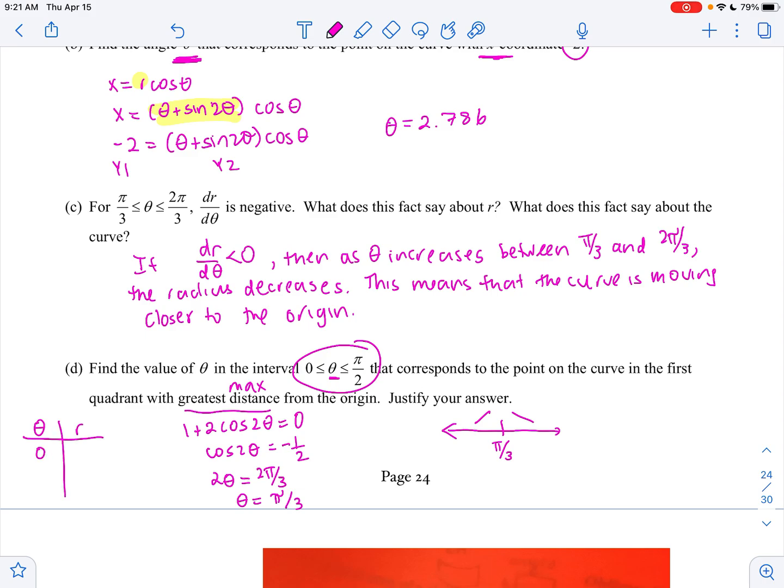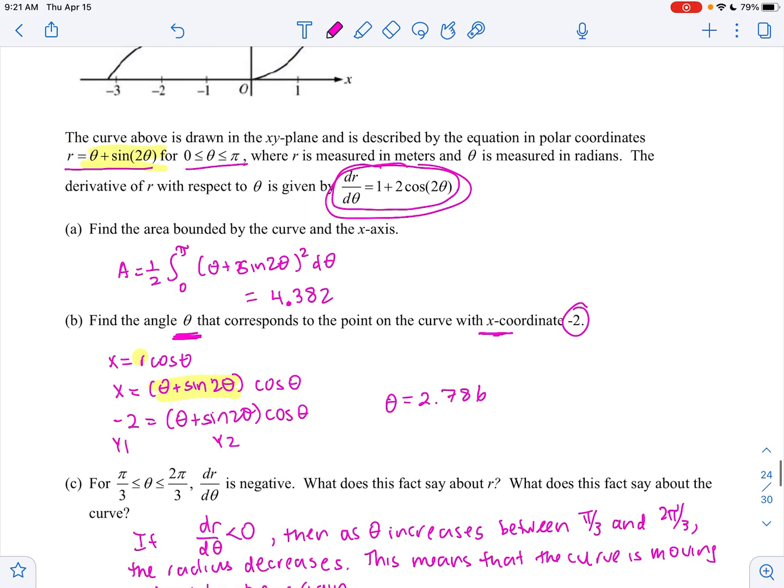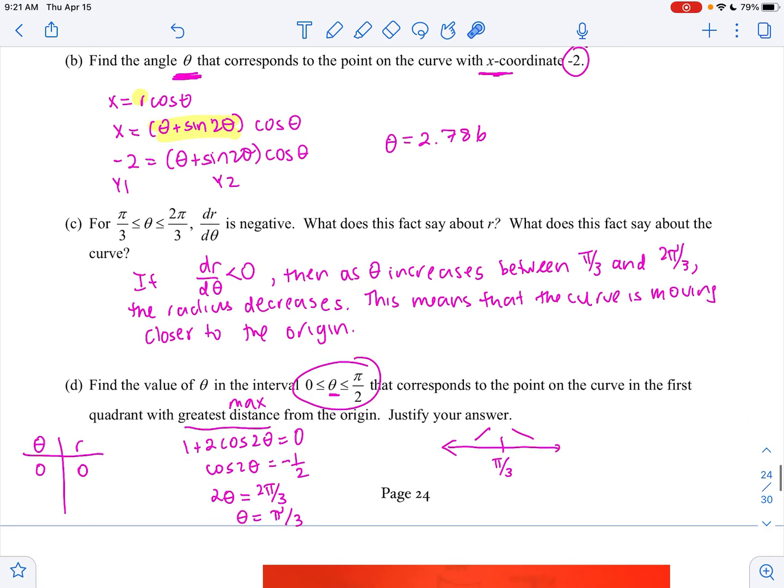So you're going to want to figure out what your radius measure is at theta equals 0. We should get a value of 0 for that. We had r is equal to theta plus sine of 2 theta, so plugging in 0, we get 0. We're going to want to plug pi over 3 in. You can use your calculator for this: 1.913.